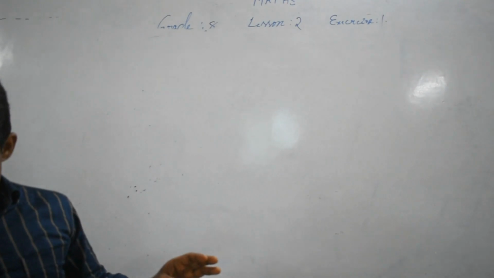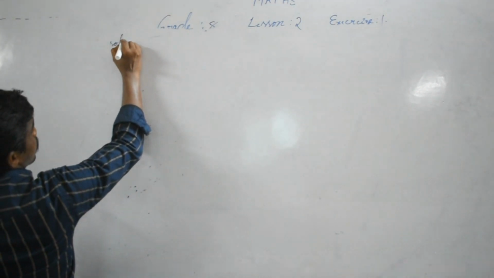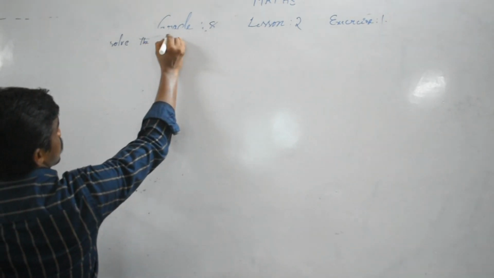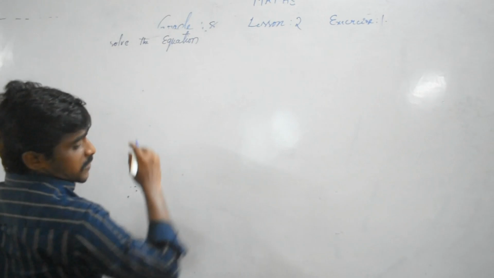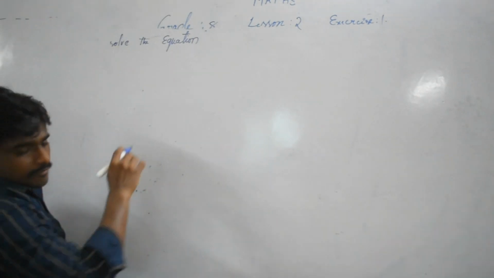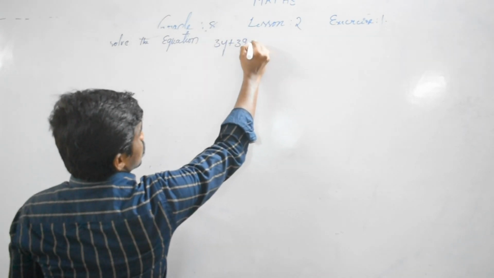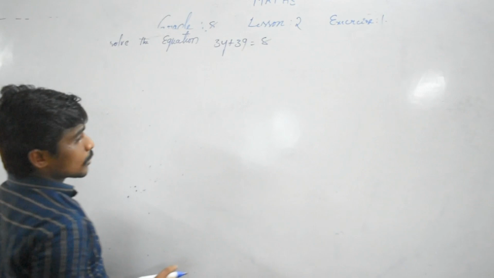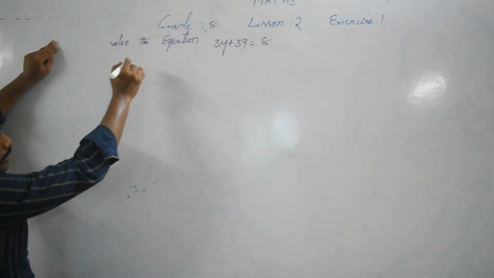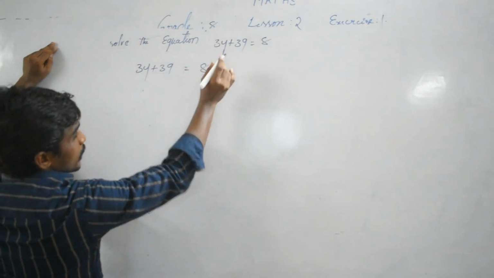So here, solve the equation 3y plus 39 is equal to 80. 3y plus 39 is equal to 80.